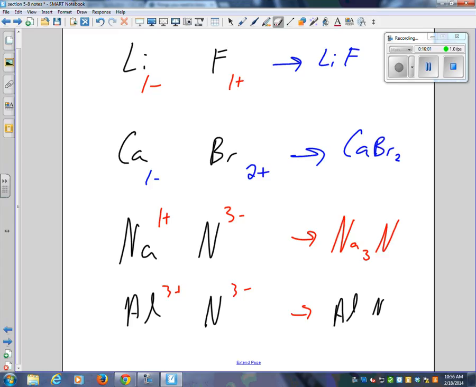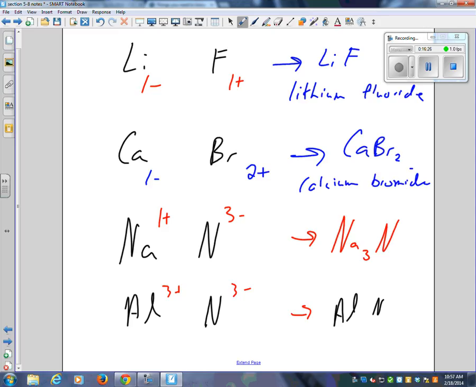Okay? Now, question 4, you're supposed to name these things. So LiF is going to be lithium fluoride. Calcium and bromine is going to be calcium bromide.